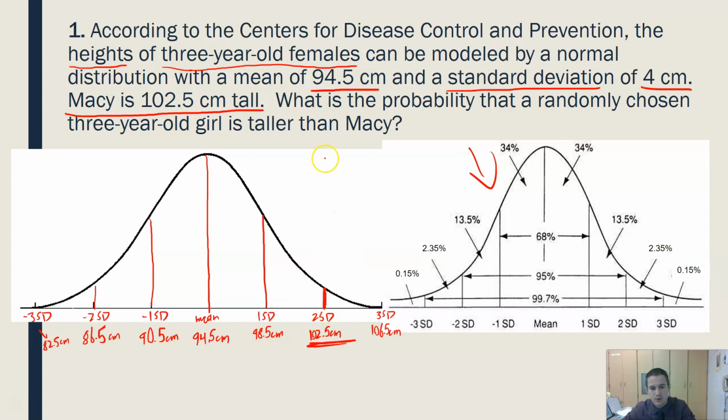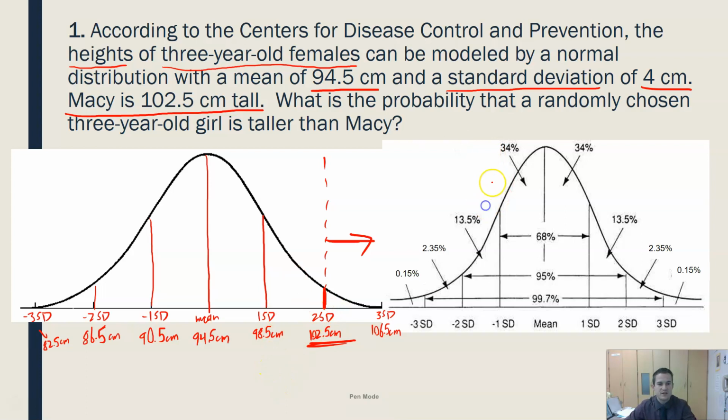So what is the probability that we're going to choose a girl from this normally distributed population, all the 3-year-old girls in the world, what is the chance that I'm going to select someone that is taller than 102.5 centimeters? So in other words, what is the probability, on this normal curve, of selecting a value that's larger than 2 standard deviations above the mean?